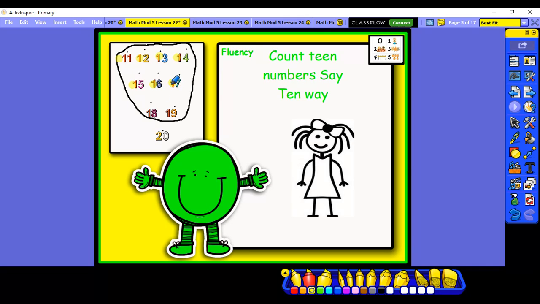What does the 1 mean? Yes, it means 10. What is different about these numbers? The numbers in the ones place. The numbers in the ones place change. These are our some ones, or our leftovers.